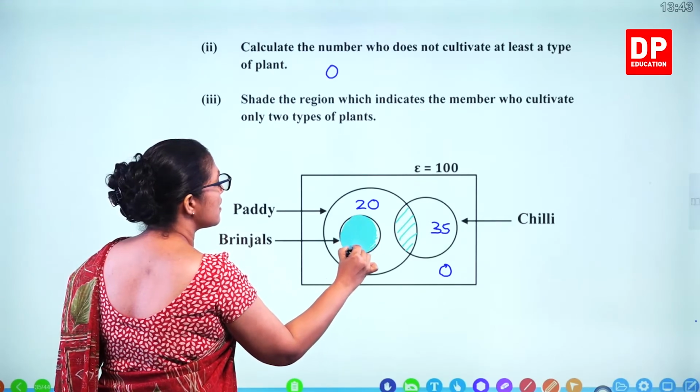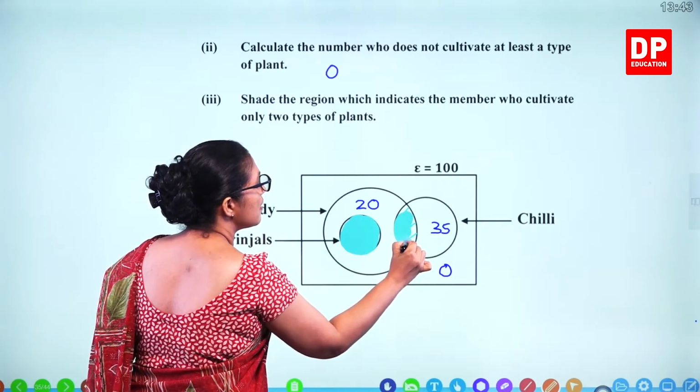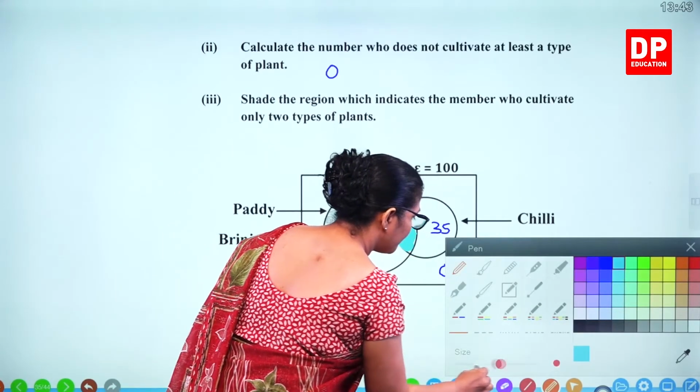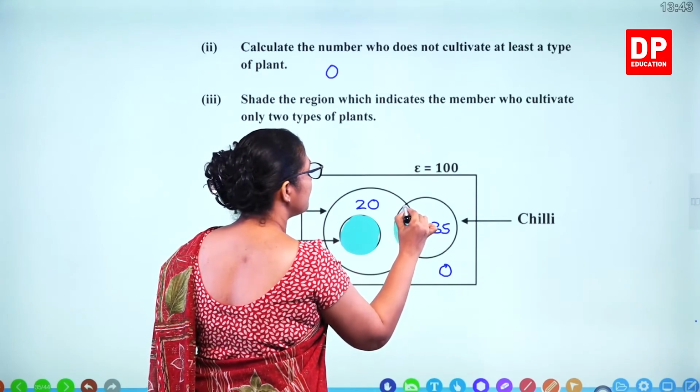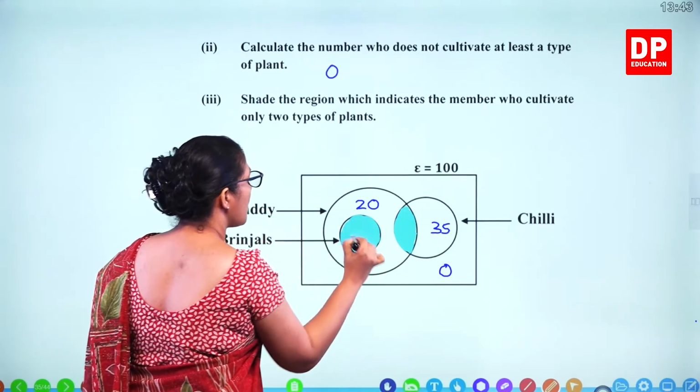I'll shade this part and this part. So that's the last part.